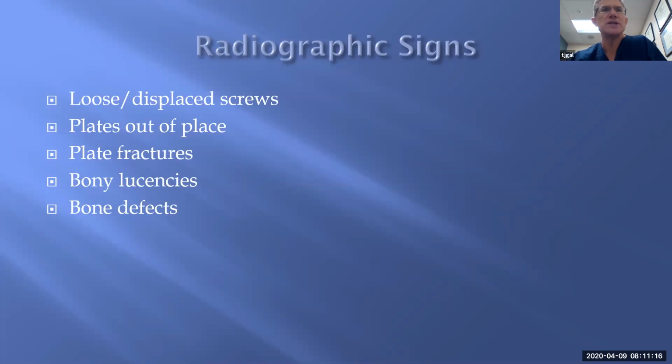Radiographically, when you're looking at your CT scans, you'll notice that you've got loose or displaced screws. You've got a space between the bone and the screw. You've got fractured plates. You've got bone loss, bone defects, just because the sequestrum is draining out.